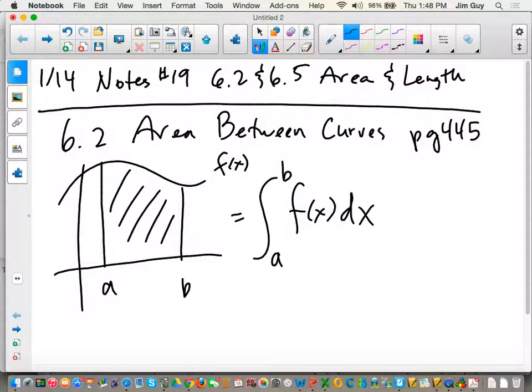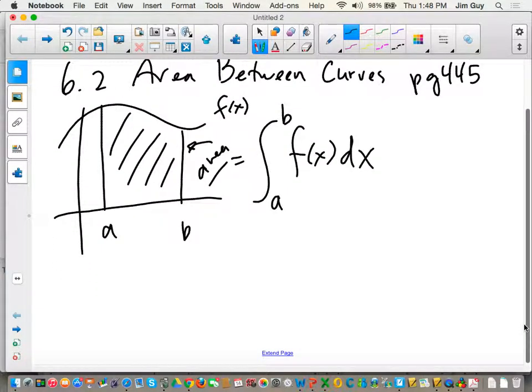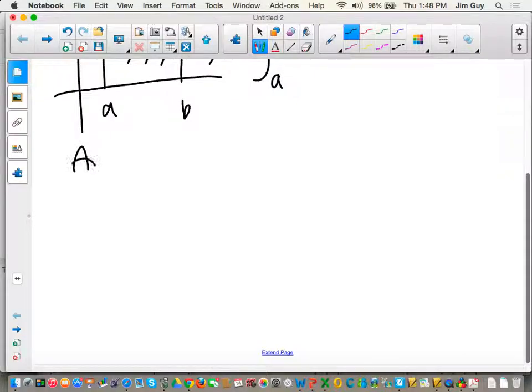That is equal to this area right there. Now we're going to talk about, what if you had more than one curve? What if we have here the area, for example, between two curves?